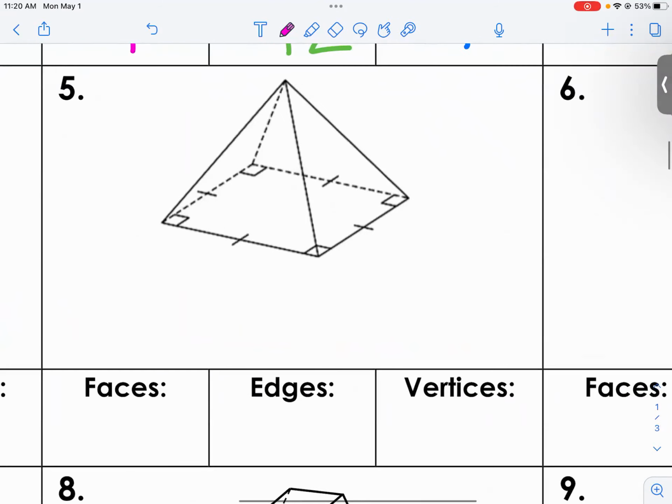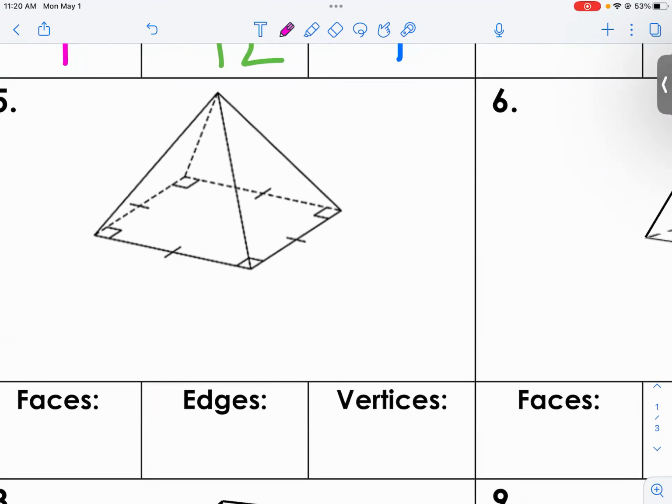Corin, what's number 5? Pyramid or prism? This is a pyramid. Okay. What kind of pyramid? This would be a rectangular pyramid. How are we supposed to know the base? You don't need to. Then why are we learning?